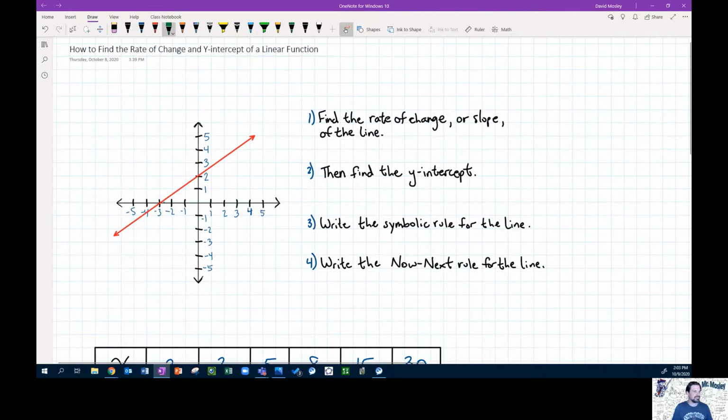The easiest thing to do is pick points where we can easily identify the coordinates. I'm going to pick a point right here, and a point right here. This first point has the coordinates of -3, 0, and this second point has the coordinates of 0, 2.